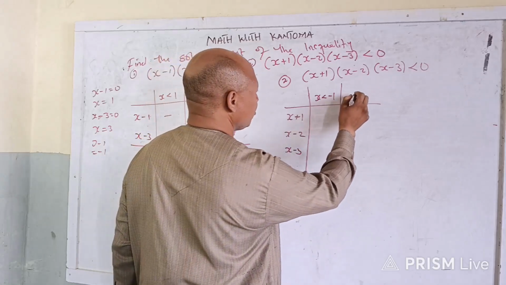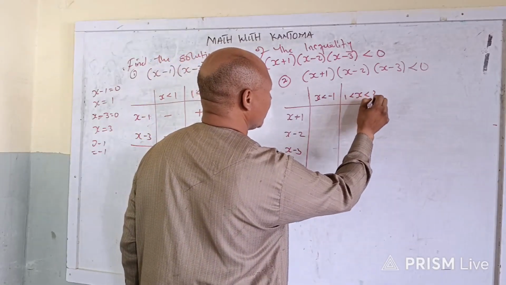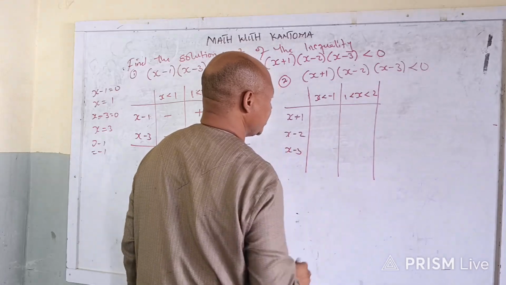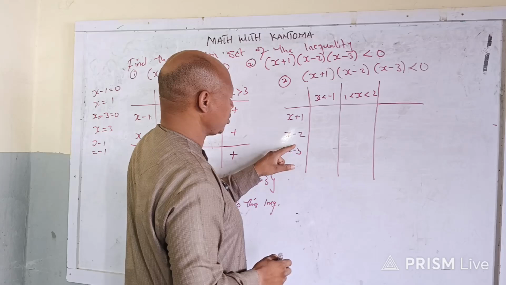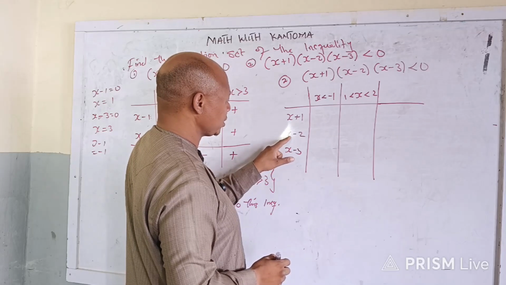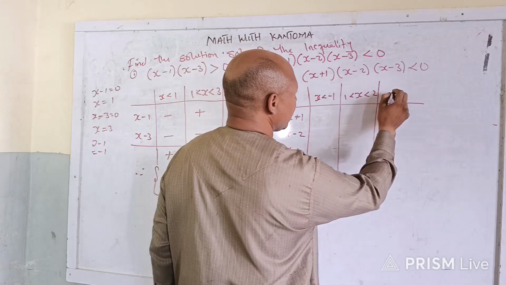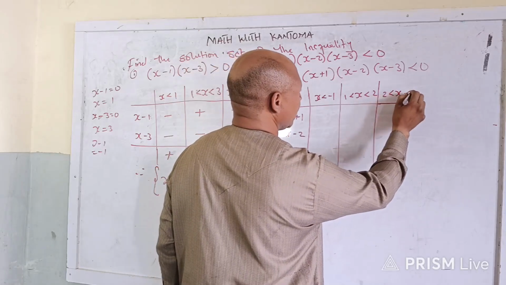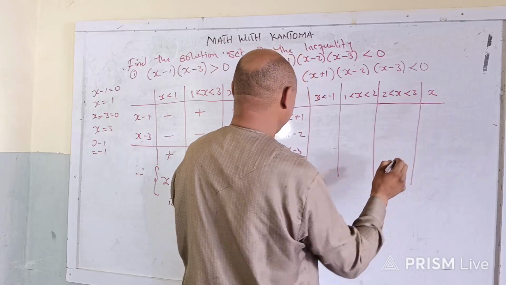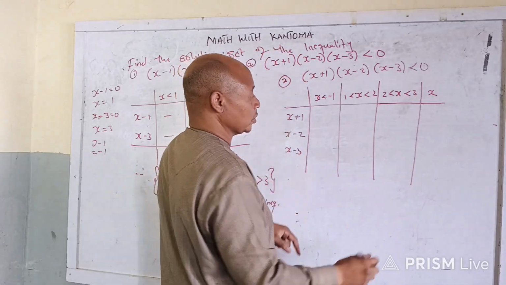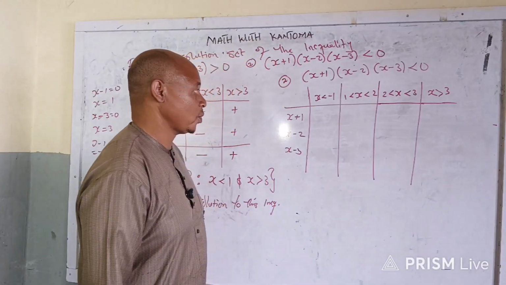So x lying in between minus 1 and 2 is the second inequality. Then the third, x lying between 2 and 3, because x equal to 2 and x equal to 3. Then x minus 3 equals 0, so x equal to 3. So any number greater than 3 is the last interval.